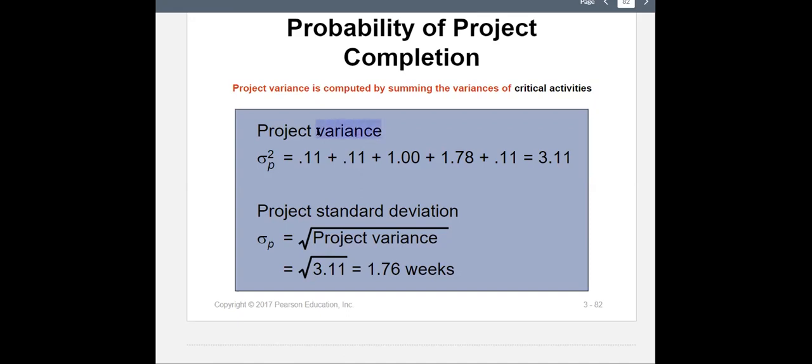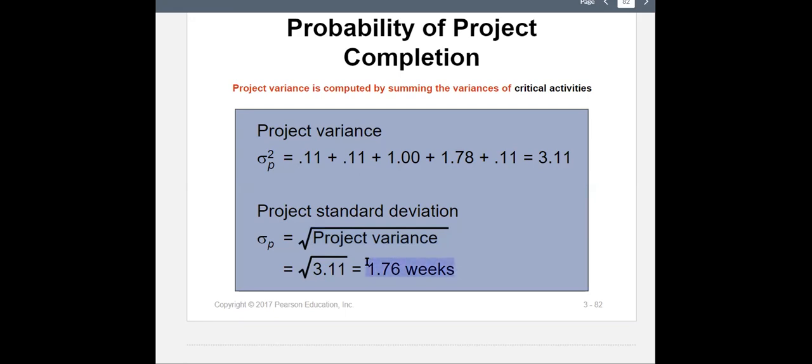What is variance? Variance is the square of standard deviation. So if you have variance, you can calculate standard deviation. How? By getting a square root. So the square root of the variance of the project is the standard deviation of the project. One more time, the square root of project variance is the standard deviation of the project. So what's the standard deviation of this project? 1.76.